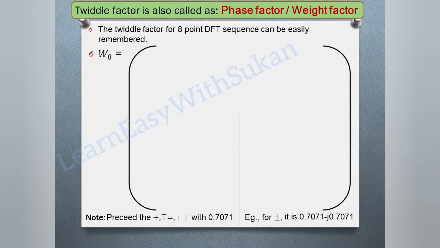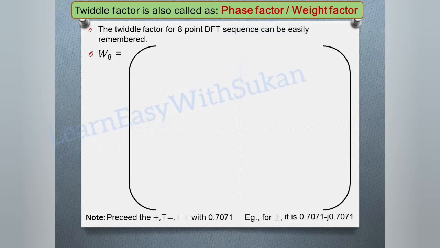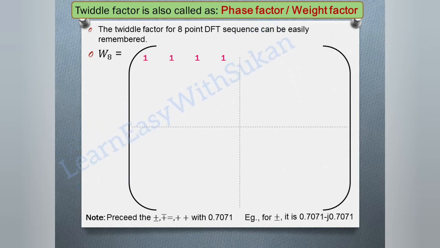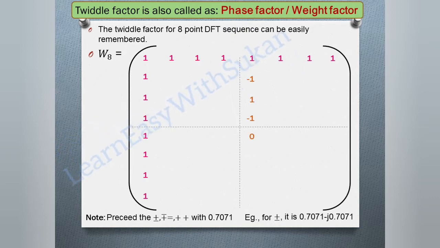Initially, it is going to be an 8 cross 8 matrix. I am going to divide it into 4 quadrants for easy understanding. Fill the first row and the first column with ones. That is the first step. Then, fill the fifth column with minus 1, 1, minus 1, 0, minus 1, 1, minus 1.